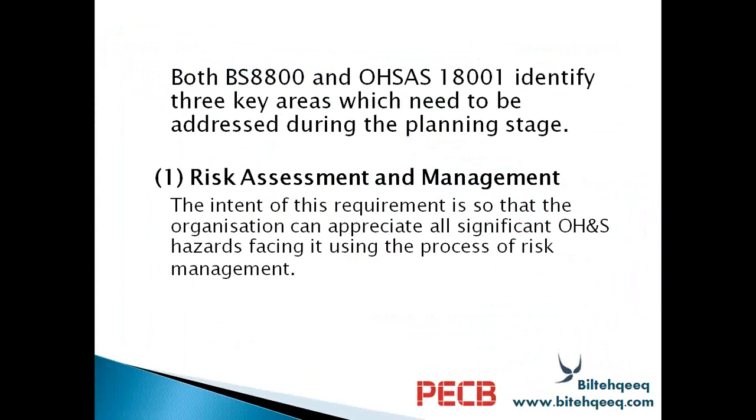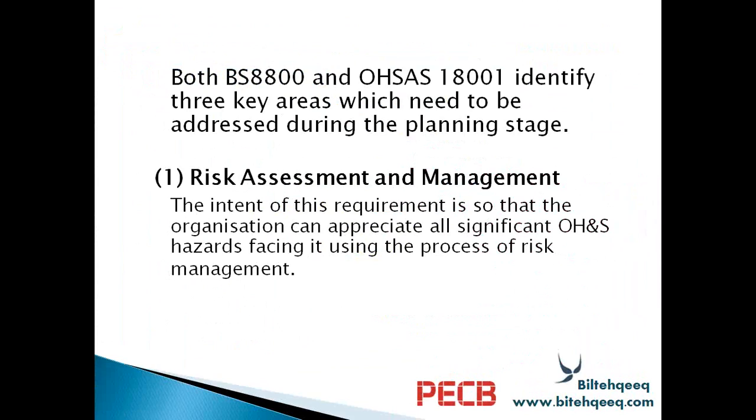And the occupational health and safety BS 8800 standards identify three key areas which need to be addressed in the planning stage. So at the planning stage, we have to address these three areas, and one is risk assessment and management.